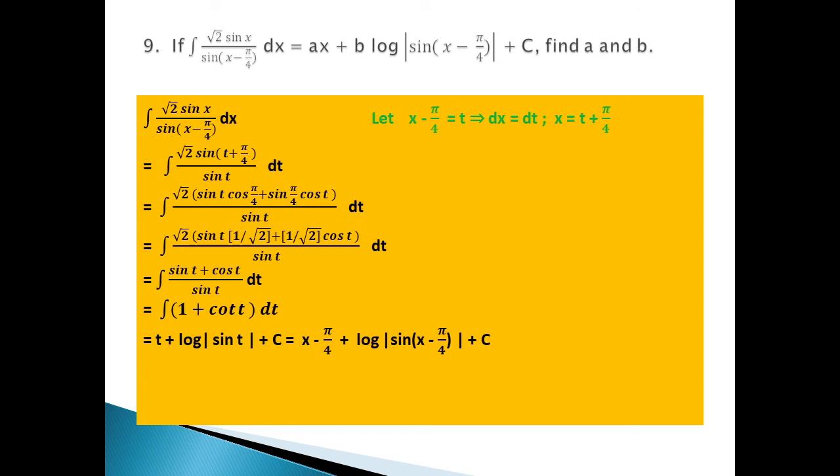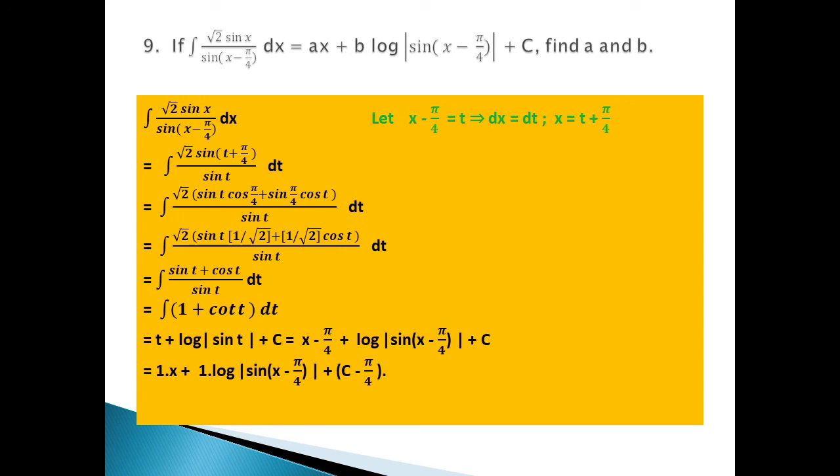So therefore x minus pi by 4 plus log of sine of x minus pi by 4 plus c it is now. Now x can be written as 1 into x, and the log thing also can be written as 1 into this, plus again I have clubbed my pi by 4 and c together to give me another constant over here.